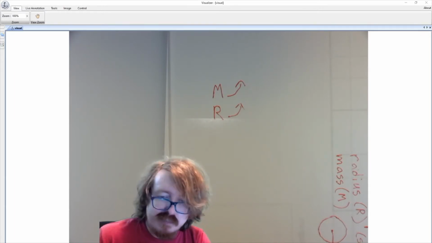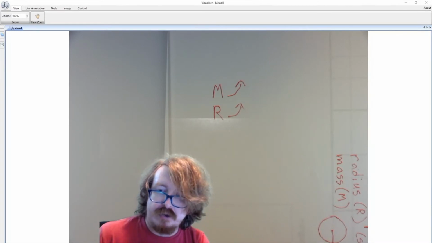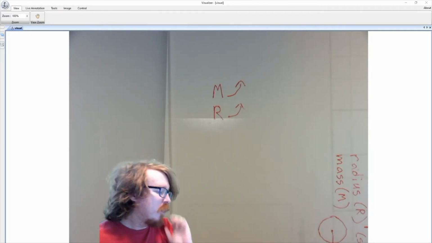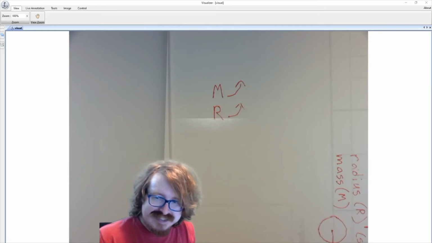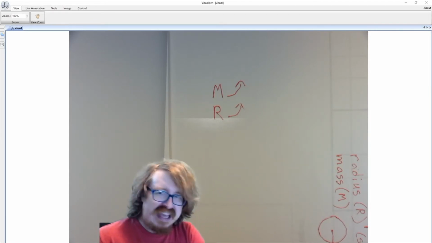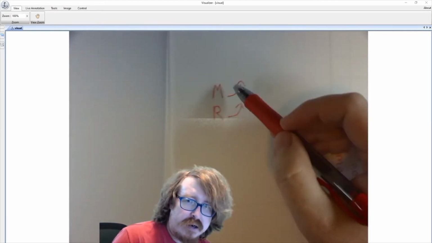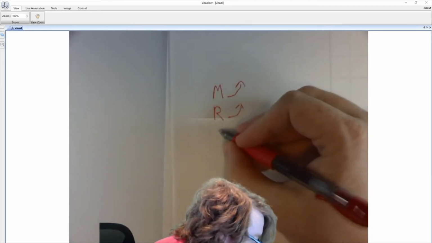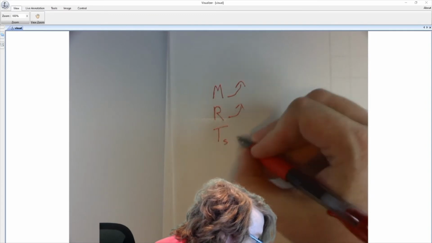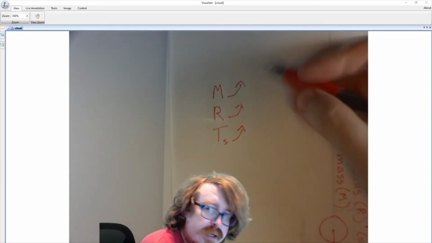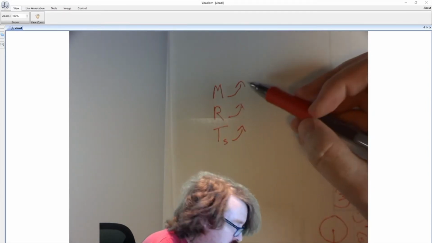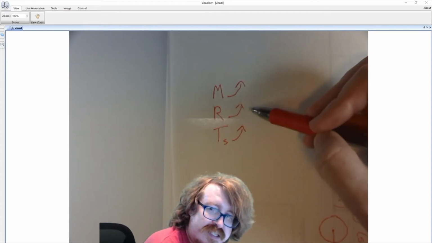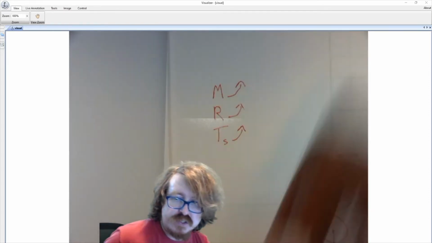That's something we talked about way back when we were talking about meteorites, right? So what does that mean? That means that if a star has a bigger mass, for most stars, it's also going to have a higher surface temperature. So increasing the mass of a star means bigger sizes and bigger temperatures.